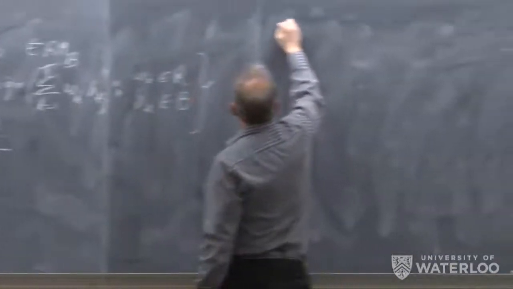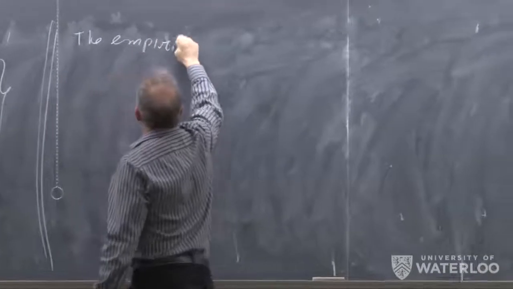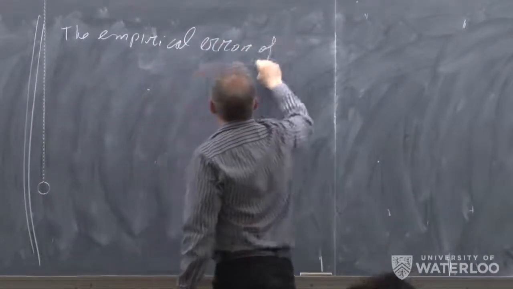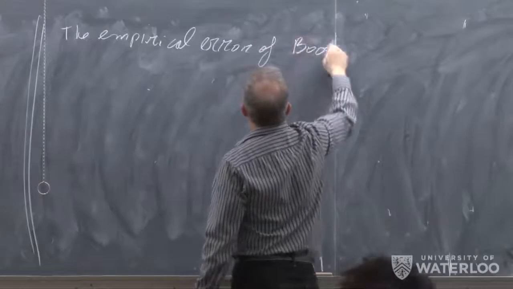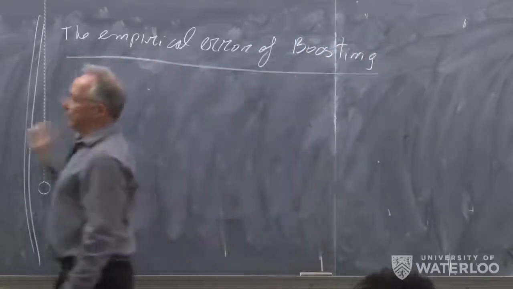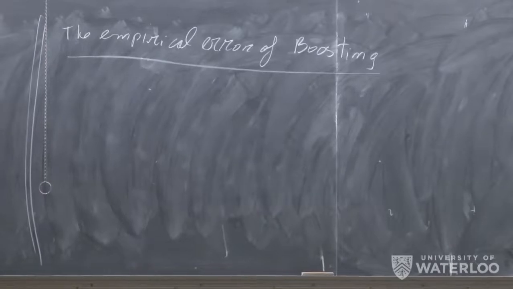So we'll have 2 steps: the empirical error of boosting, and the second step will be the VC dimension of this class that I'm using in boosting, that will give me control over the second term.